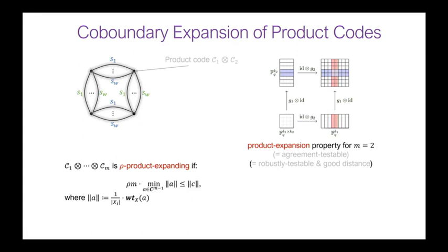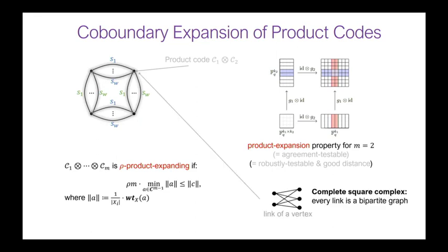Unfortunately, I don't have enough time to give a lot of details, but the bottom line is that this property naturally generalizes co-boundary expansion of bipartite graph. Why bipartite graph? Because it is well known that product codes, if we consider them as Tanner codes, are Tanner codes on bipartite graphs.